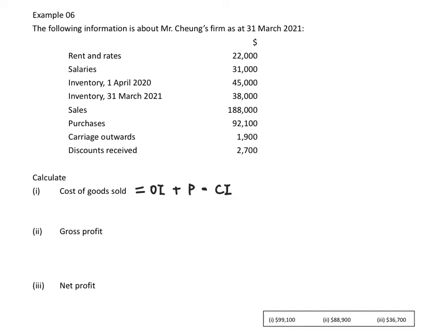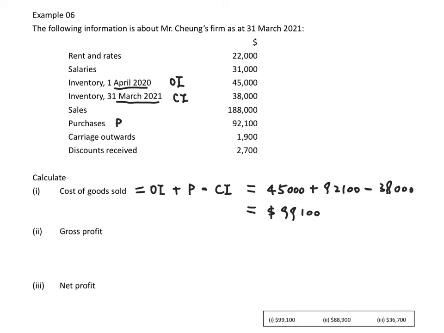The opening inventory should be the earlier date, and then we have the closing inventory right here, the latest, and also the purchases. So we fill in the numbers, and then minus the closing inventory. If you have the calculator, you can get the final amount. It should equal 99,100.